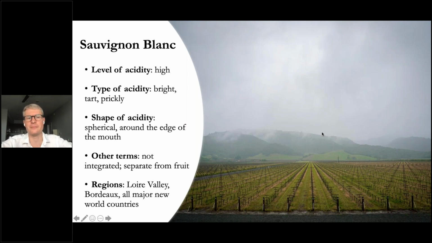What I'm going to talk about finally is just a little bit about these regions. The Loire Valley, which most of you have, many of you have, I think that lack of integration of the acidity is going to be felt most vividly because it's a cool climate sensation.